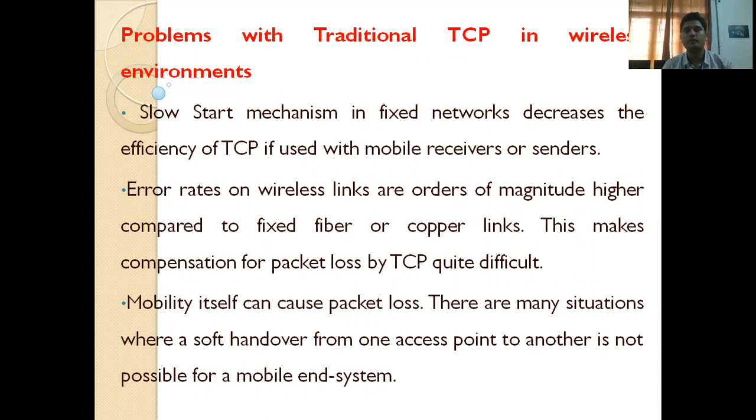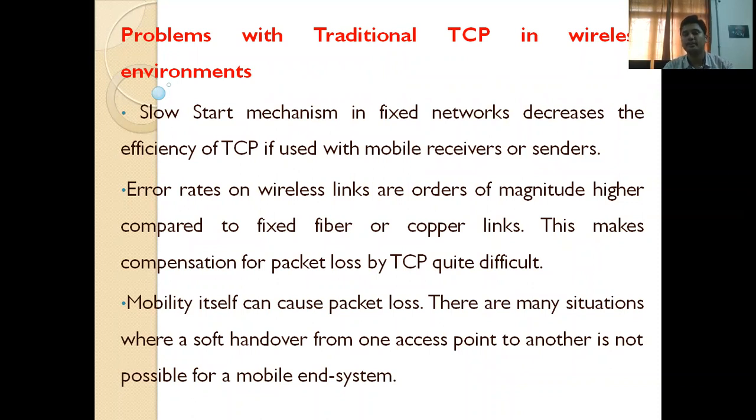The general problems with traditional TCP in wireless environment: the slow start mechanism in fixed networks decreases the efficiency of TCP if used with mobile receivers or senders. And the error rates on wireless links are orders of magnitude higher compared to fixed fiber or copper links.